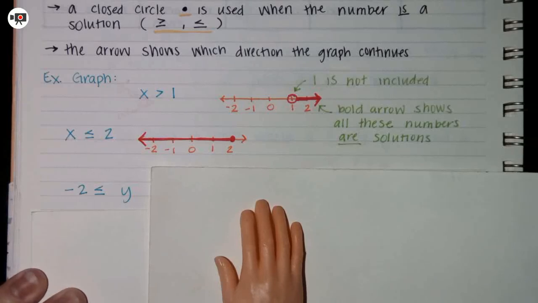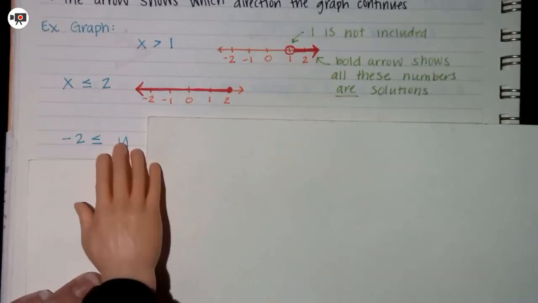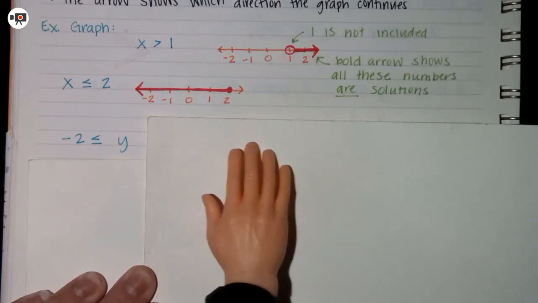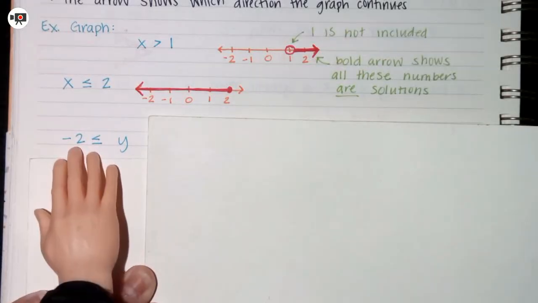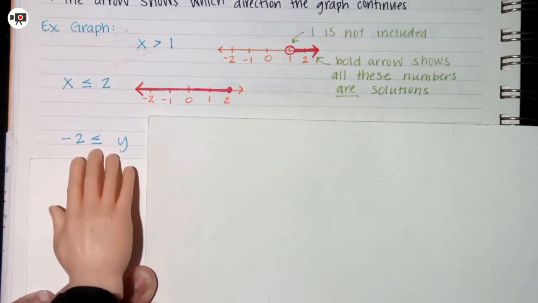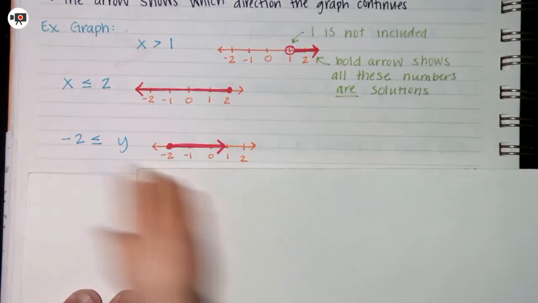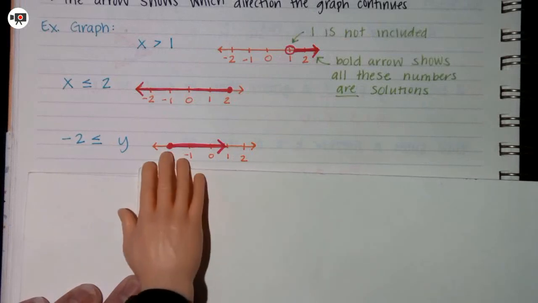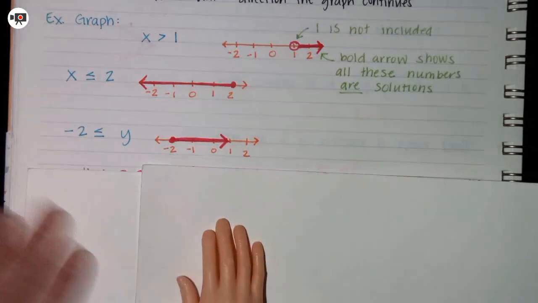And we have negative 2 is less than or equal to y. Here, y must be larger, so I'm going to shade the right side with the larger numbers. And the circle on negative 2 will be closed because of this line under the less than symbol. So on the negative 2, fill it in and shade to the right.